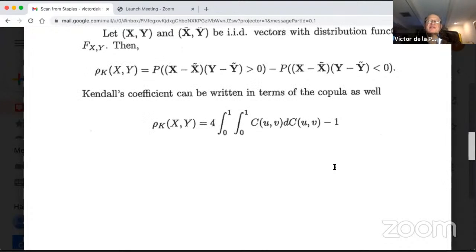So again, Kendall's tau, or Kendall's correlation, can be computed entirely from the copula. It doesn't depend on the marginals. Both Kendall's and Spearman's depend on the copula only and not on the marginals.